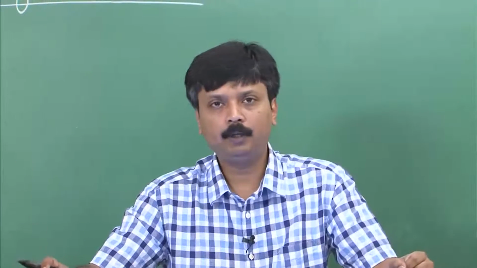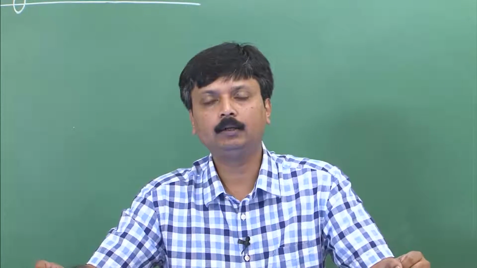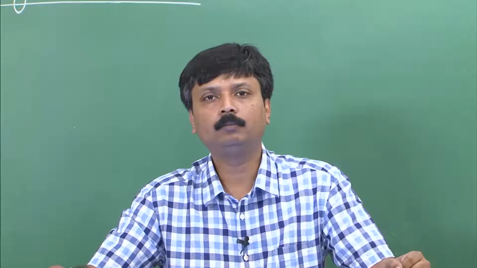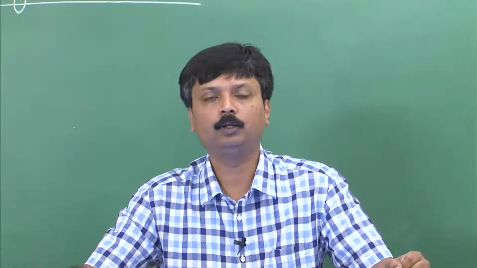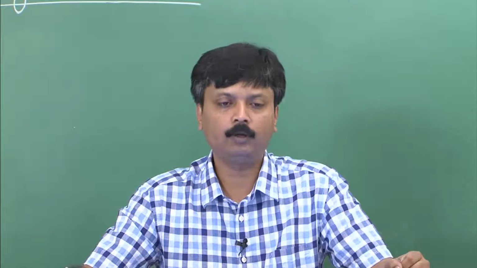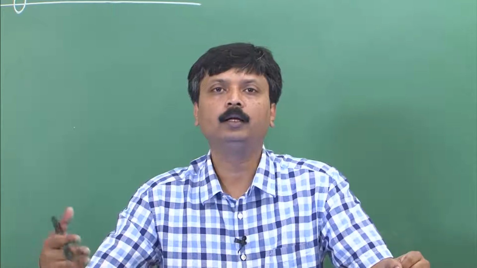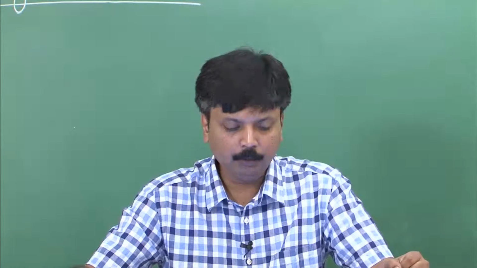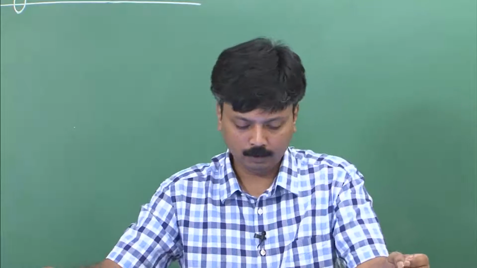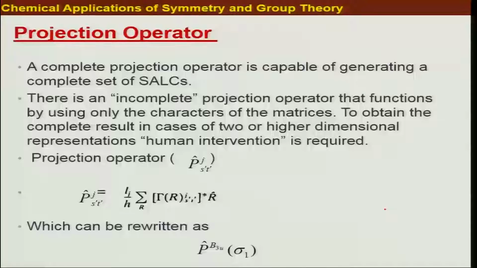Whereas the incomplete projection operator deals with the trace of the matrices that are formed while forming the representations. So, we will talk about that in a little while from now.